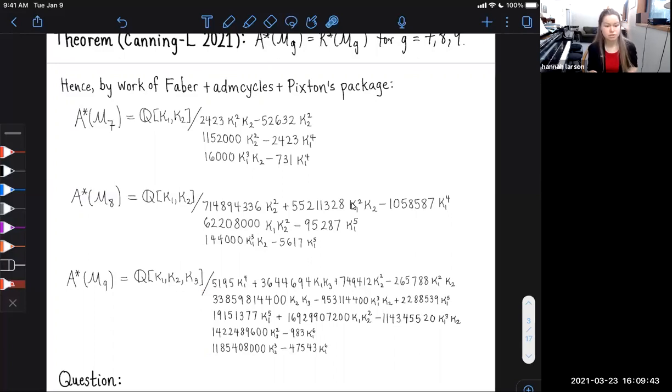And Faber notes that genus 9 is actually the first example where the tautological ring is not a complete intersection ring. And he also notes that each of these cases satisfy his conjectures concerning the structure of the tautological ring. So this answers our question for genus 7, 8, and 9.